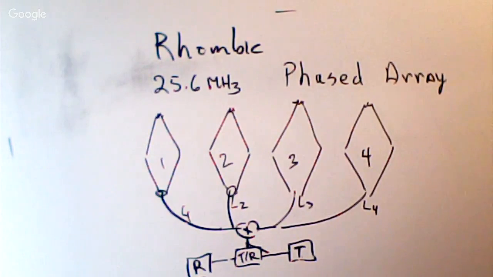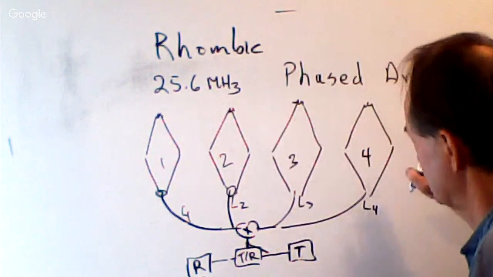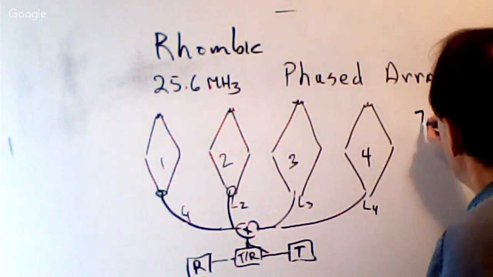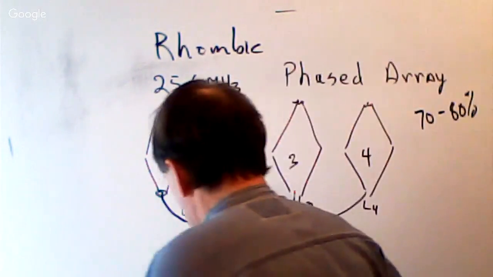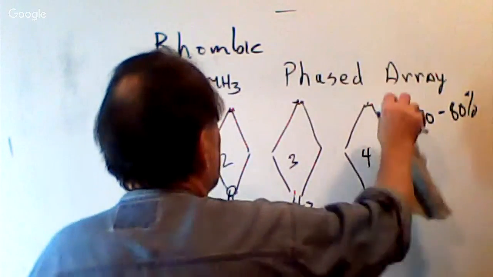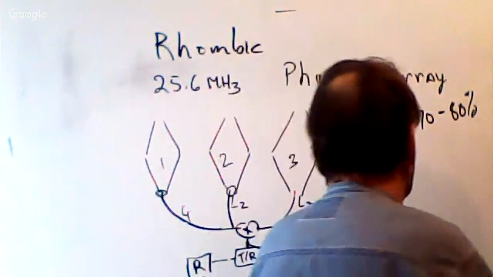Now, you can also improve the efficiency of this antenna upwards to 70 to 80% and get more gain by replacing these resistive terminations by what we call an open stub.